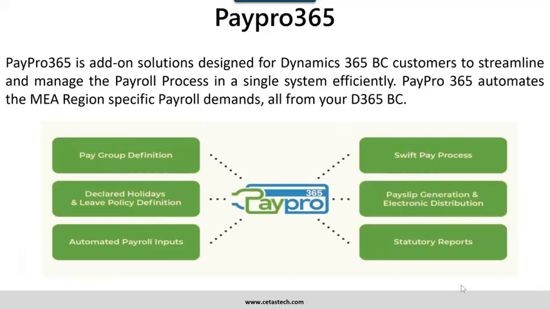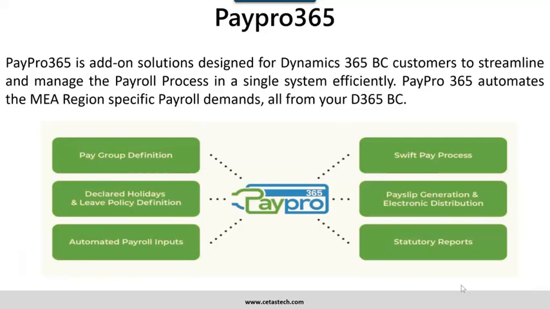So what are the features that it has got? You can create the pay group definition. Then you can have your holiday calendar defined, your leave policy defined. Then automate the pay inputs like the grades, pay scales, and those kind of things. Then you can quickly do a monthly processing of payroll by a click of a button.